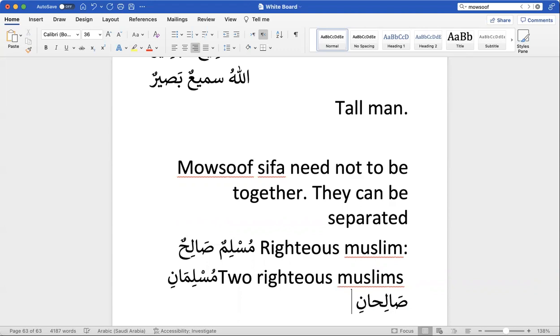If you check the properties, Muslimani is marfu, Salihani is marfu. Muslimani means two Muslims, Salihani means two also. Both are masculine, and both are nakira, because you have the additional noon here, right?